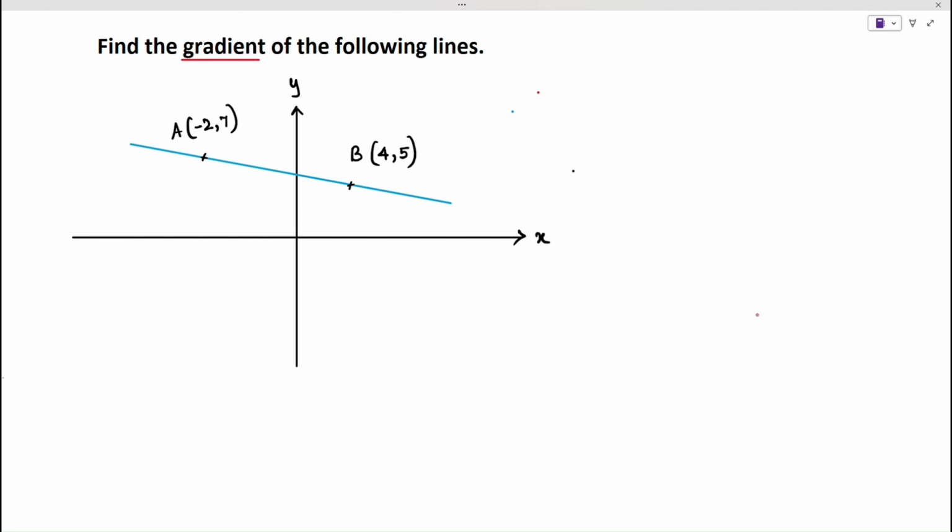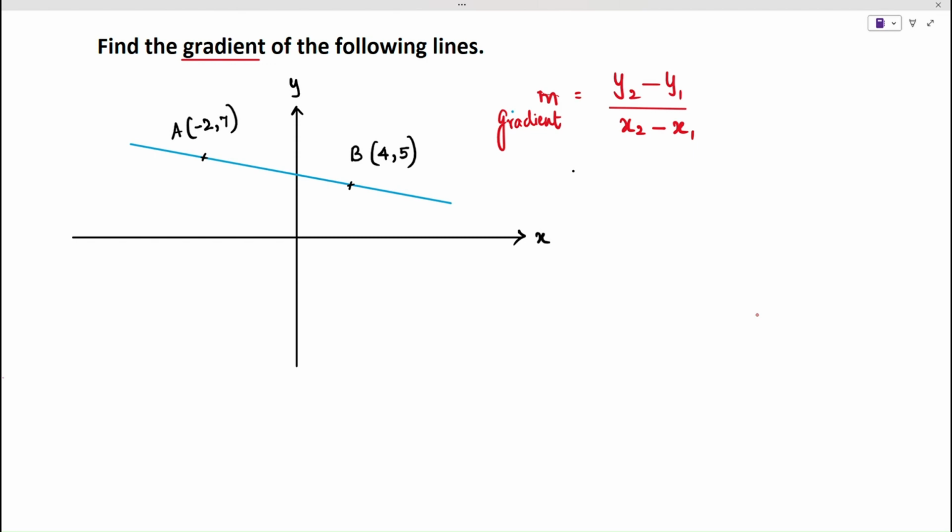There's one equation that you can use to find the gradient, which is the change in y over the change in x. This can be written as m is equal to y2 minus y1 over x2 minus x1, where m is our gradient.